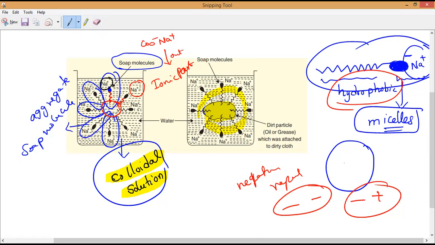The polar ends get attracted towards the water, so they are always directed outwards, away from the center.